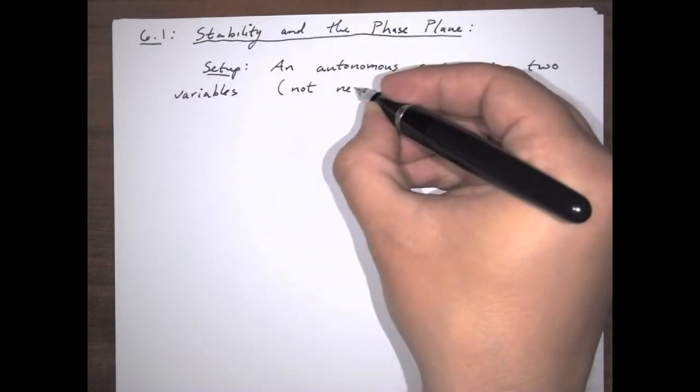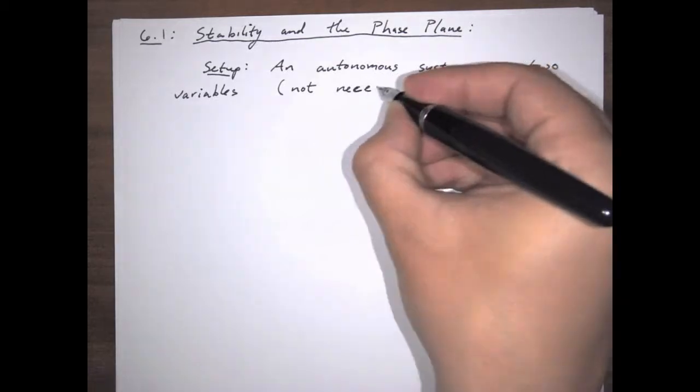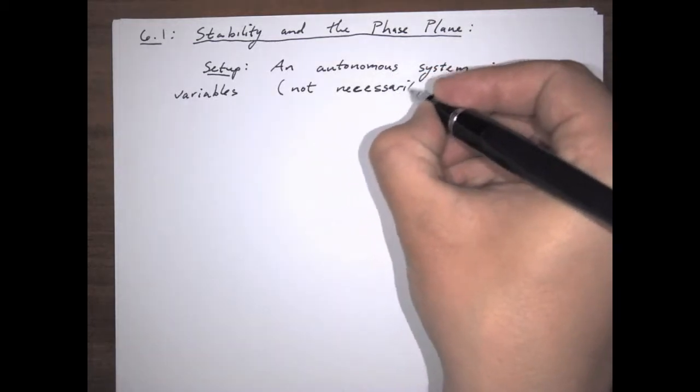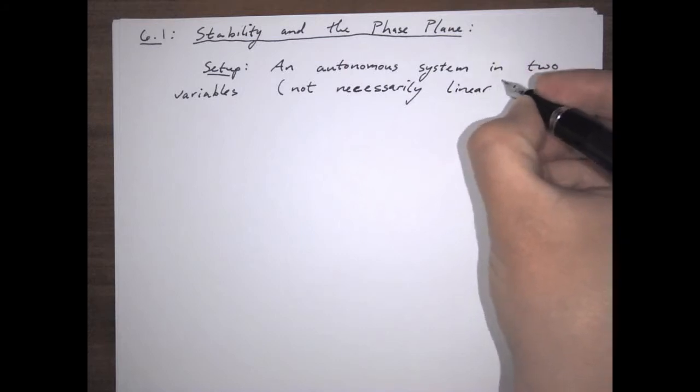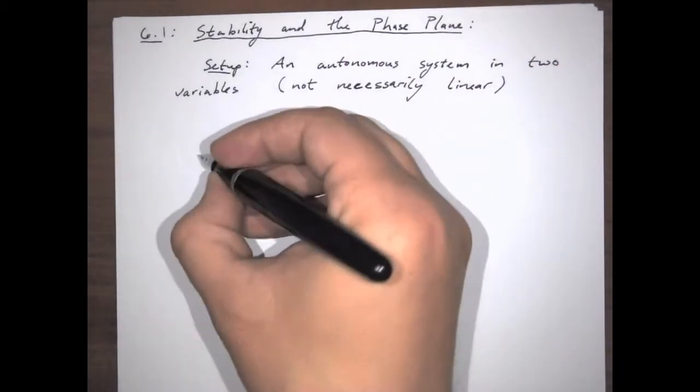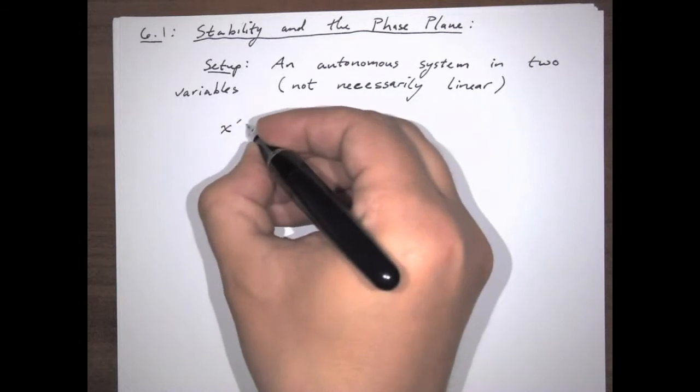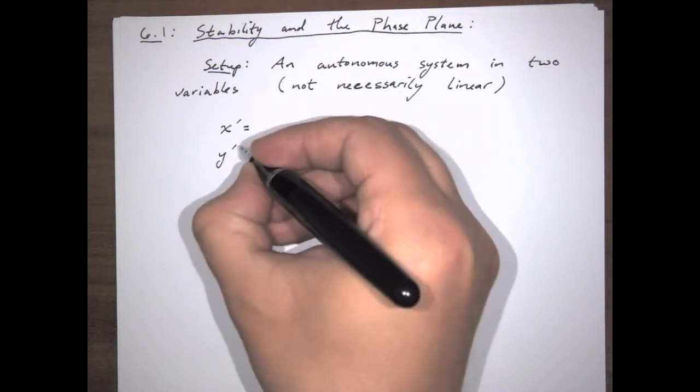The notation we'll use will be something like x prime and y prime.